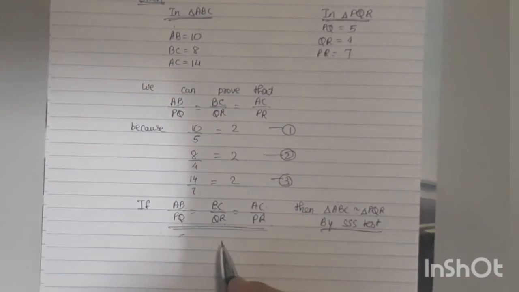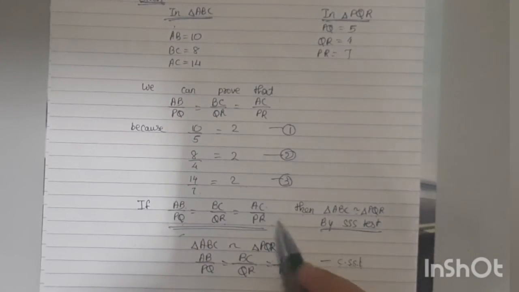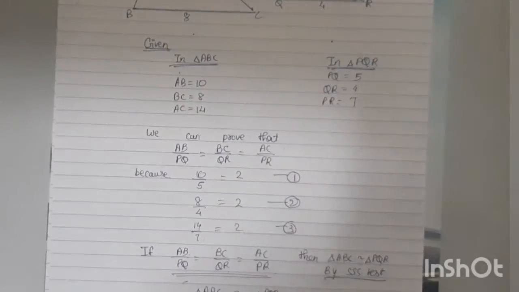And as I mentioned before, if triangle ABC is similar to triangle PQR, you can tell that AB upon PQ is equal to BC upon QR is equal to CA upon RP by CSST, corresponding sides of similar triangles. It is just an inverse of the SSS test.